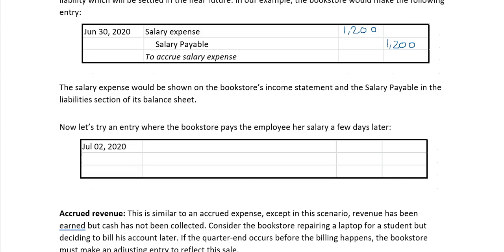First thing we're going to do, we're going to reverse our liability, which shows up as a credit in the journal entry just above this one. So debit salary payable to get rid of that credit balance because it is now paid. And of course, whenever we pay an employee, we pay with cash.